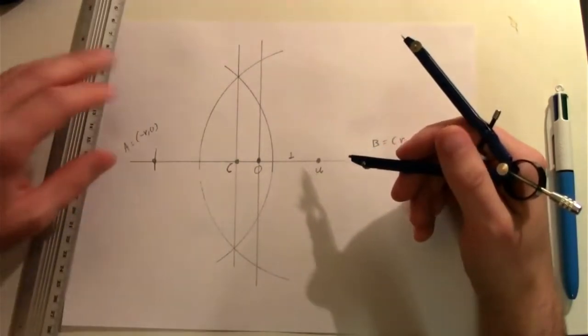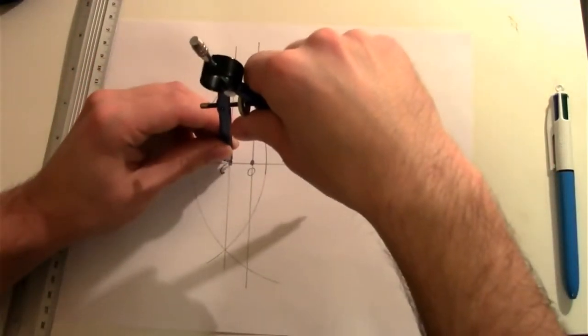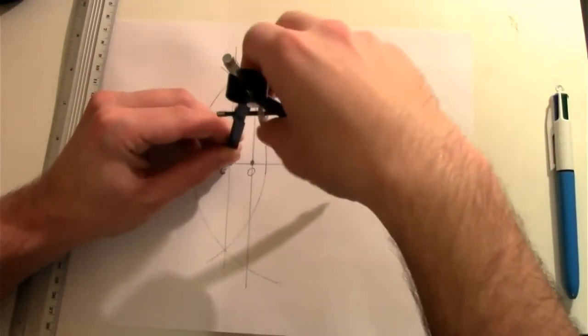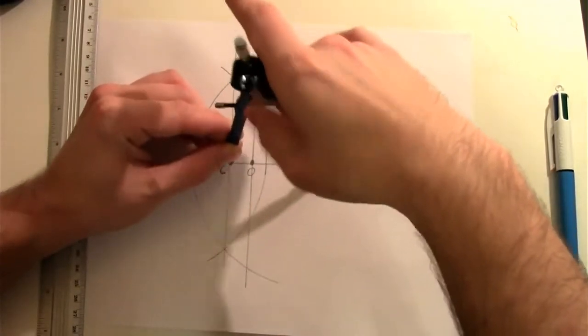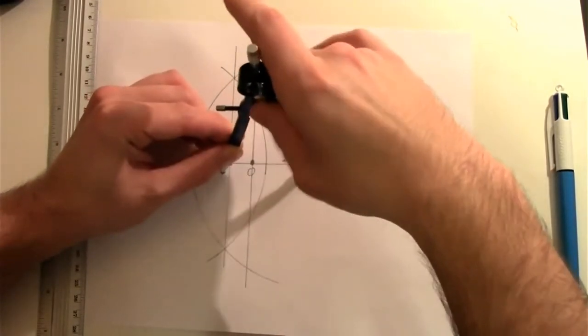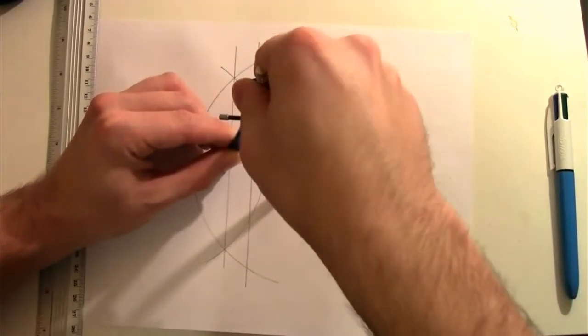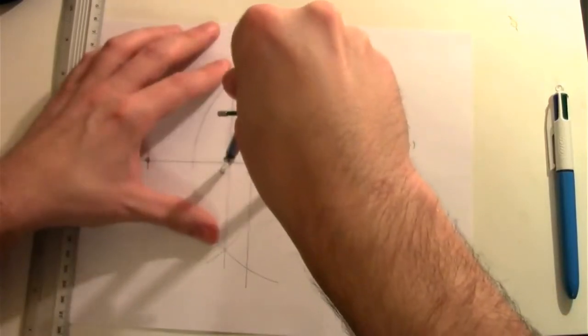And then finally, I'm going to take my compass, set it from this point C that I recently constructed over to the point that is unit distance from the origin. And now I'm going to swing this up.